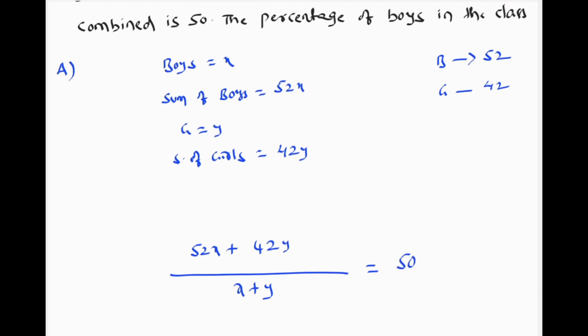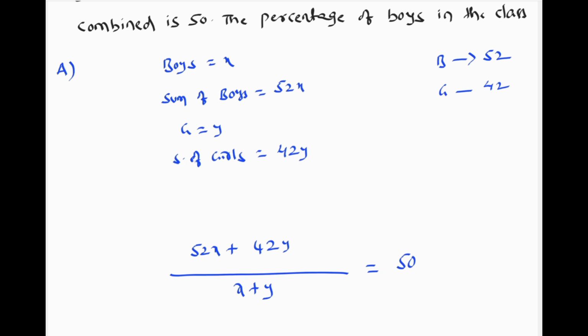So I am explaining once again. We don't know the number of boys, so it is x. But we know the average there is 52. Therefore the sum of the marks of boys will be number of boys into average, 52x. The number of girls is y.